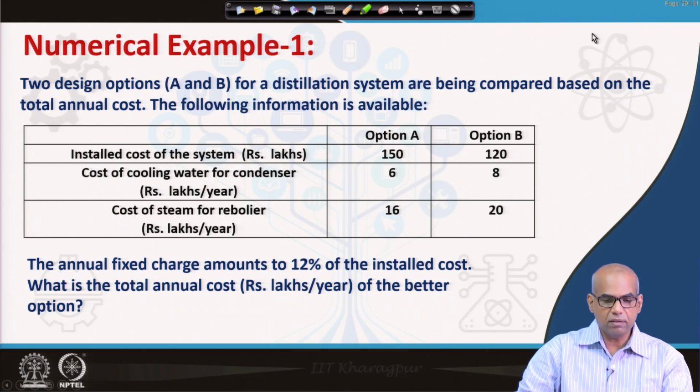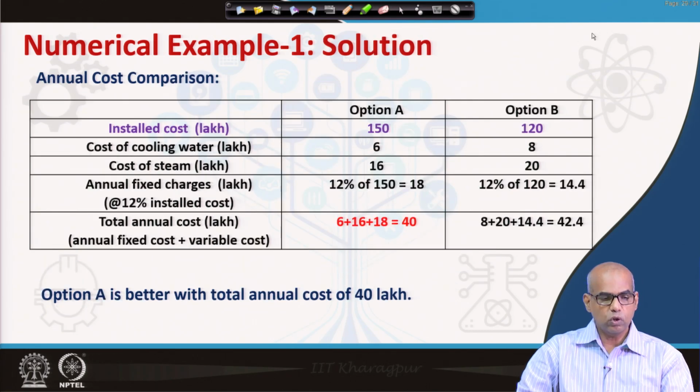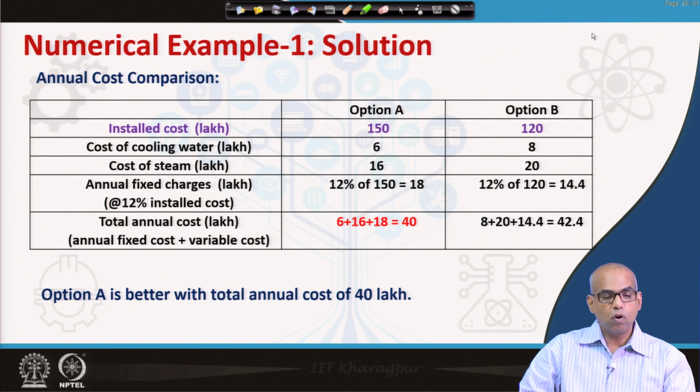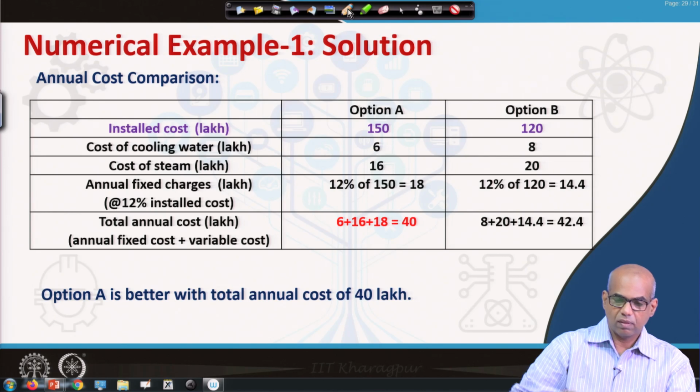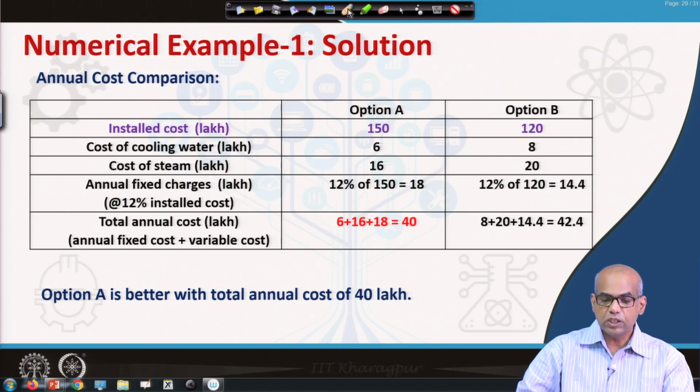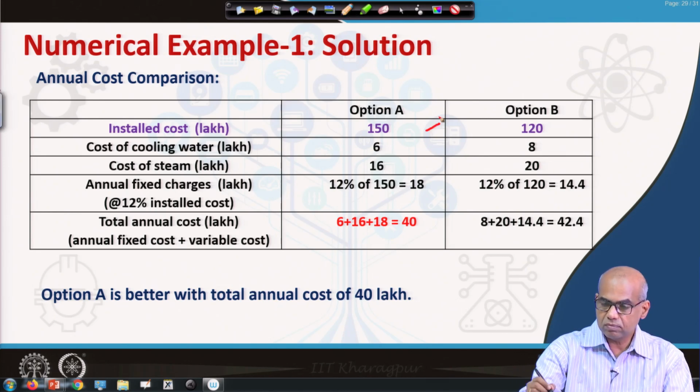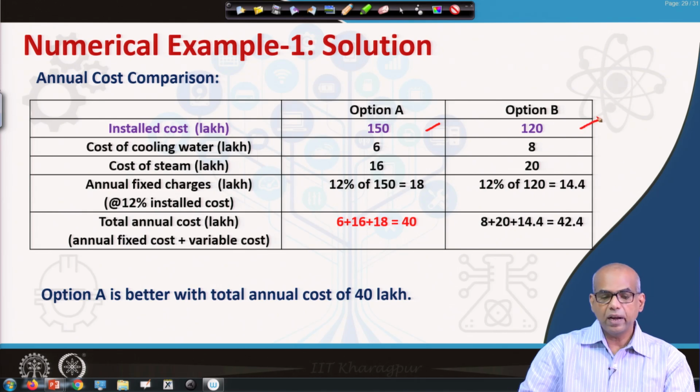So, this has to be done on the basis of total annual cost. So, let us prepare this table for annual cost comparison. Note the installed cost, 150 lakhs for option A and 120 lakhs for option B, they are not annual cost, but 12% of that is annual fixed cost.